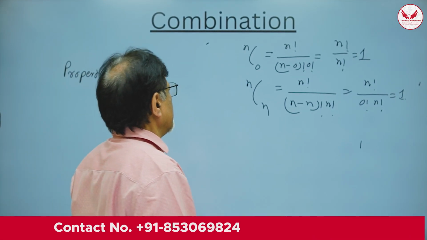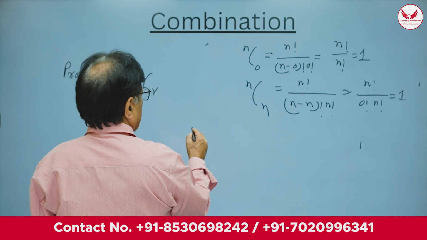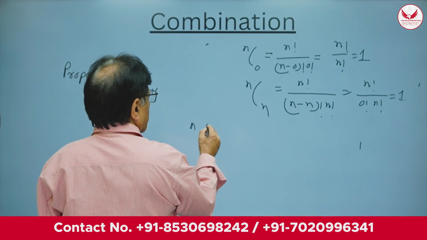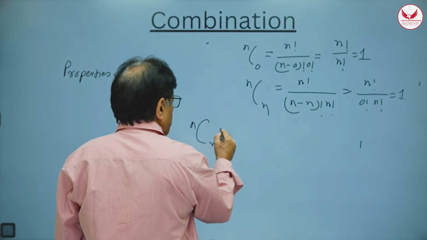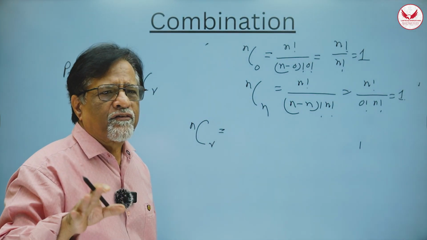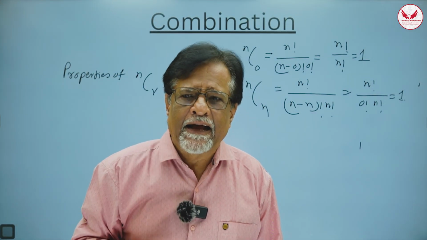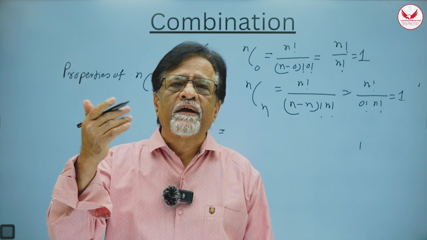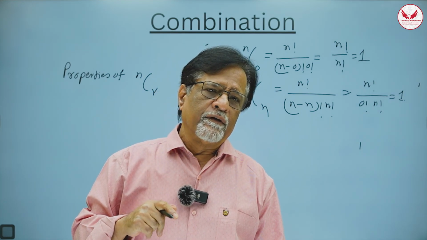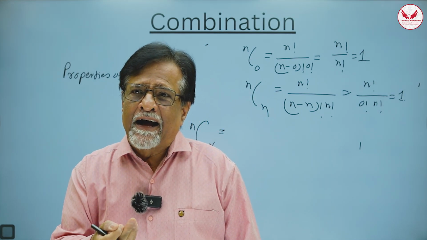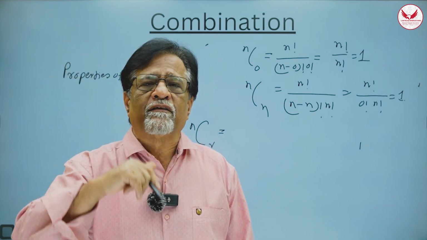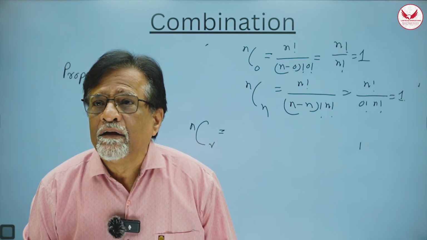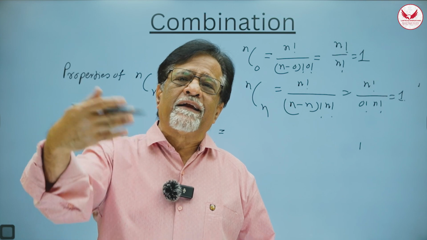The answer is, there is a relation, because when you select r objects, I want you to understand, students, when you select r objects, you are rejecting n minus r objects. So when you select r, obviously you are rejecting n minus r. So rejection means selection for rejection.